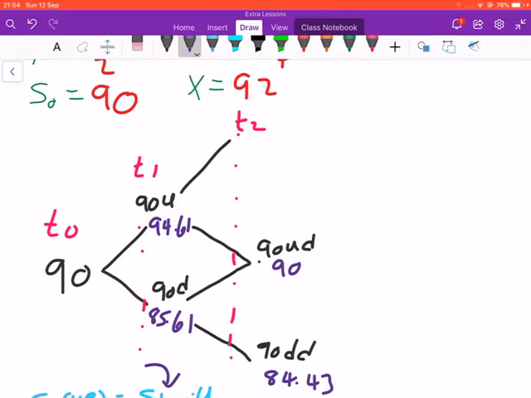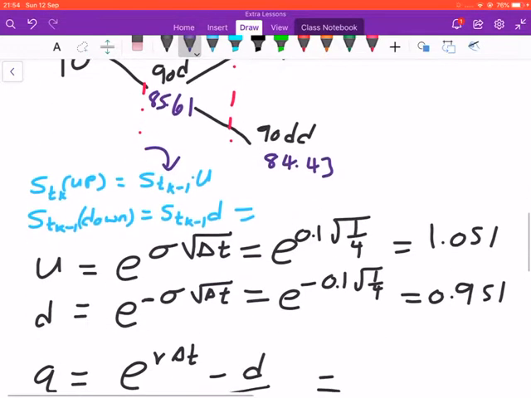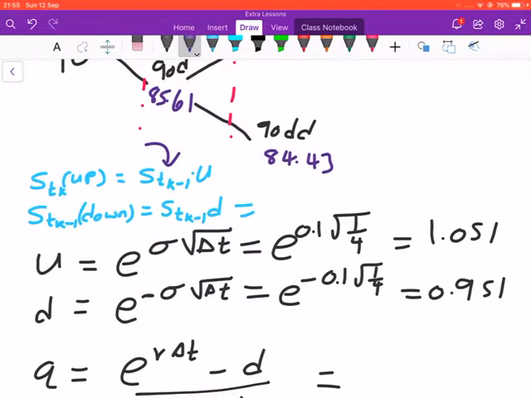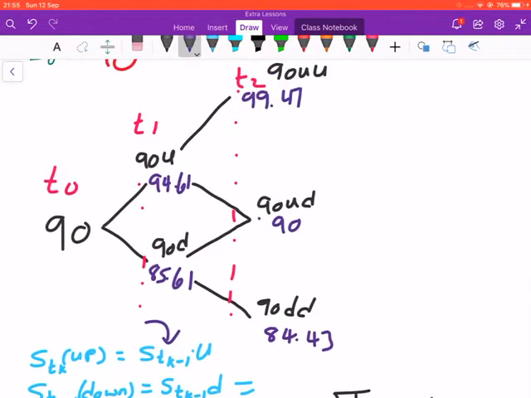Here again, for up, you will have 90 UU, and your answer is going to be 99.47. So this is the value of your shares. Now you know how to calculate the value of your shares: you just substitute the U and the D into the previous value of the share.